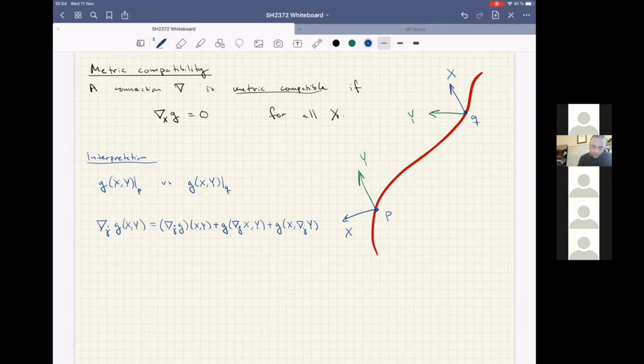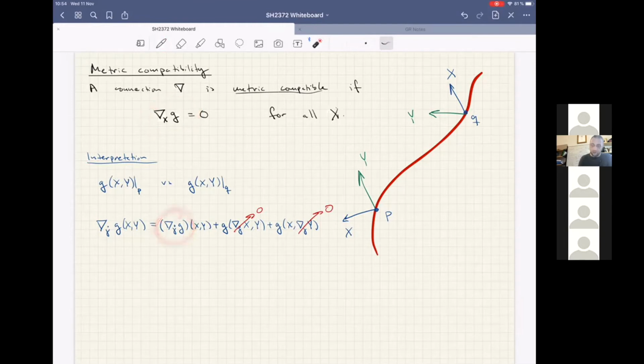However, we assumed that x and y were parallel transported along the curve. And that means that their derivative along the curve is 0. So this is 0 and this is 0. But if the connection is metric compatible, that also means that the connection acting on the metric is going to be 0.